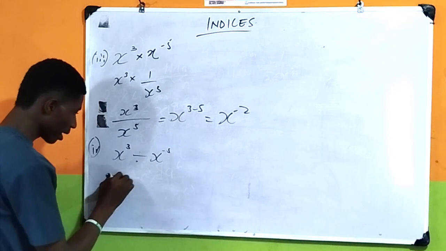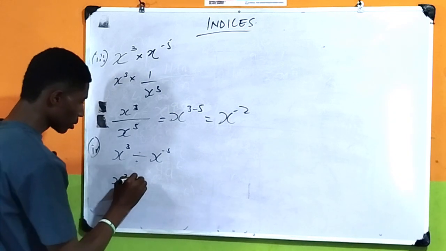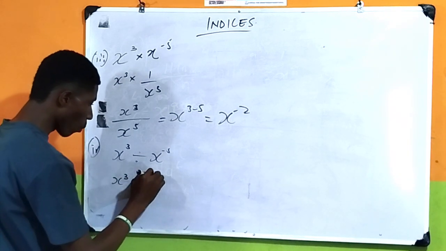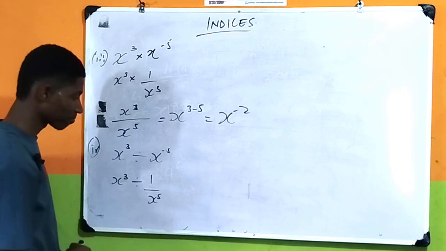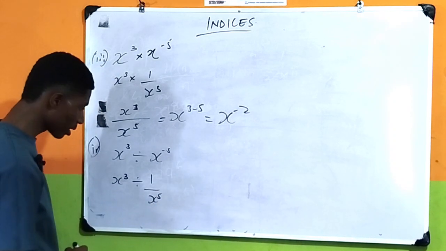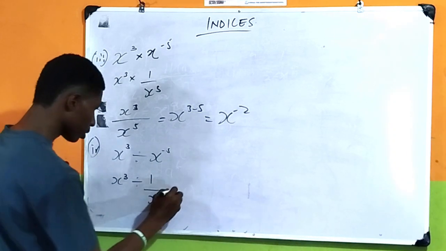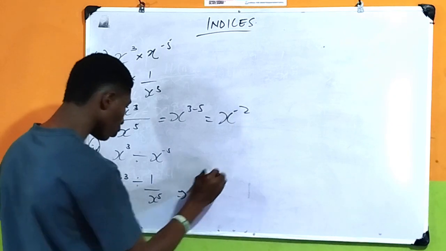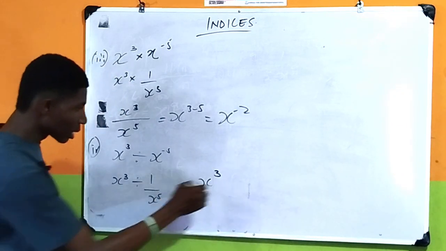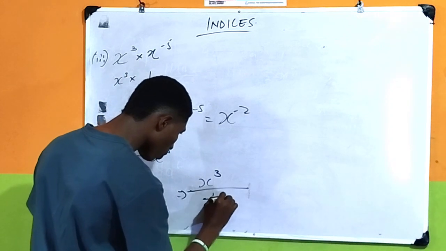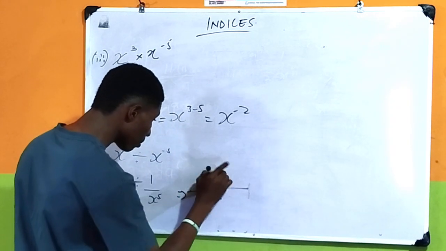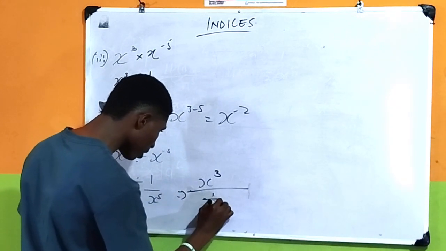Now, we have x cubed divided by 1 over x^5. So this can be written as x cubed divided by 1 over x^5.